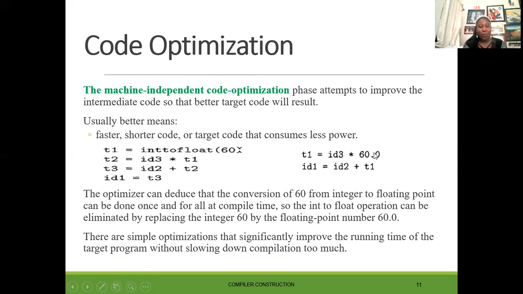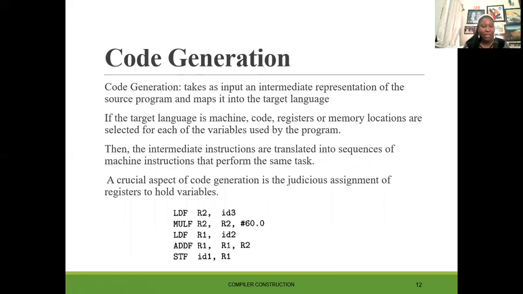And remember that we are trying to multiply that with what we have in ID3. So we just carry that out. So we reduce these 2 steps into 1 step. And then after that, we reduce the other remaining 2 steps into 1 step, and our result is stored in ID1. So you're trying to make your code shorter, you're trying to make it faster, you're trying to occupy less space in memory.